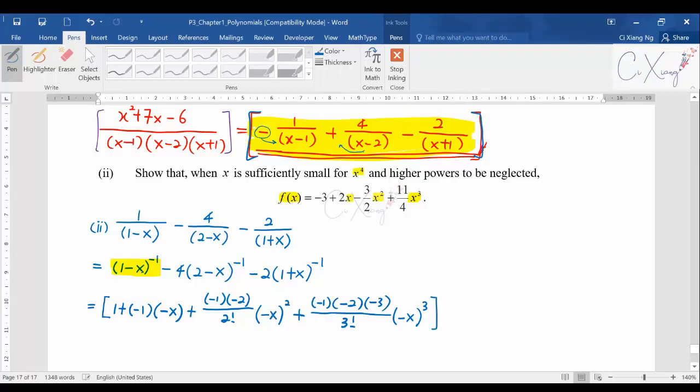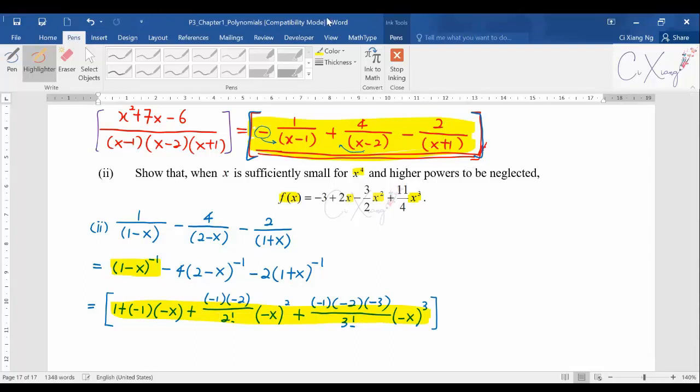So again, the x is the second term in your binomial expansion. So this whole part is actually from the highlighted yellow color bracket. I will highlight it so that you know what I am doing now, because if not, later it will become very complicated.